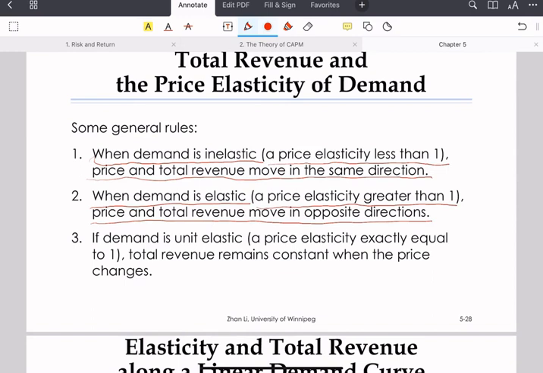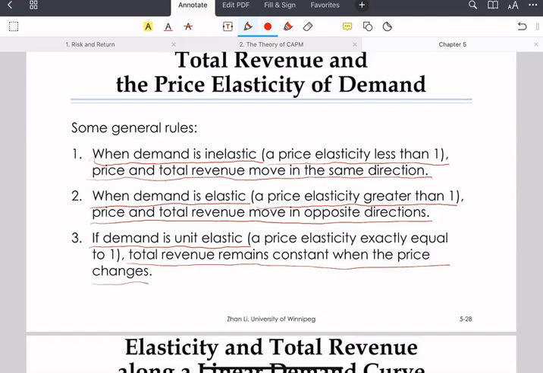And if you decrease your price, your total revenue will actually increase. So, okay, the third case is a very special case. If the demand is unit elastic, which means the price elasticity is exactly 1, in this case, total revenue will be the same as you change your price.